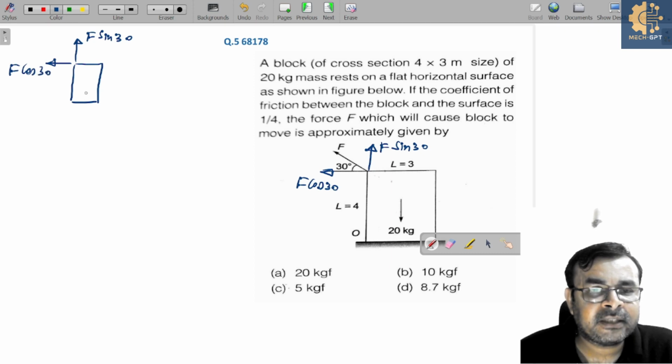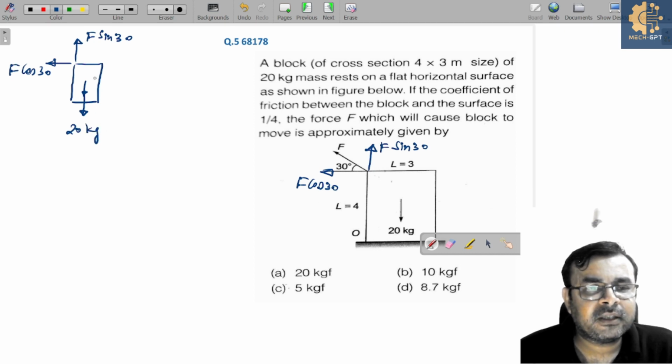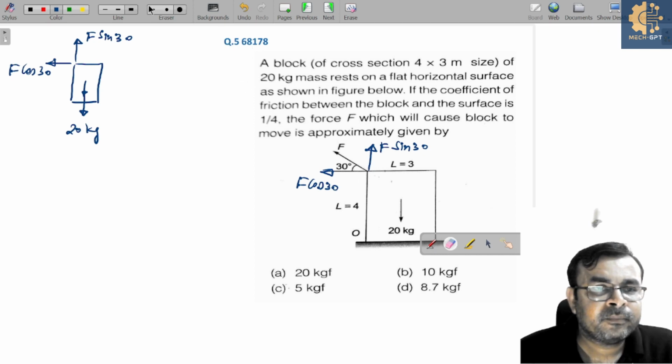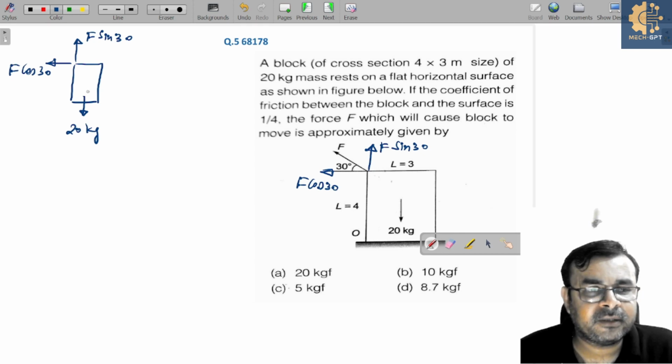Yes, and its own weight is acting in the downward direction, that is 20 kg. No need to convert this weight into mass into force, correct? Because you can see in the question we have kgf unit, and obviously the normal reaction is acting in the upward direction, yes or no? And obviously due to this force, this block is trying to pull along this direction, so the friction force is acting here, correct?